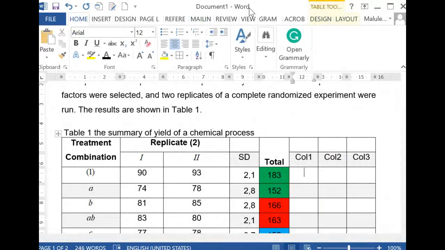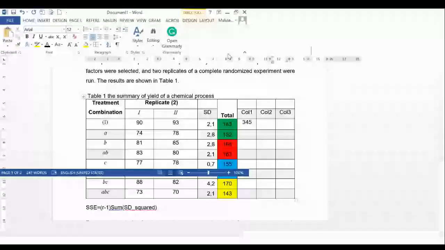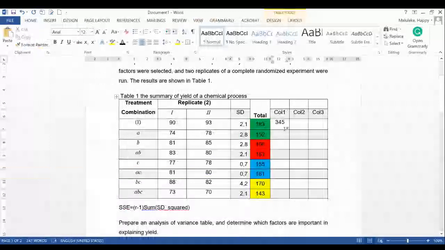Yes, sir. 335. 335. The first one is wrong. It's correct now.